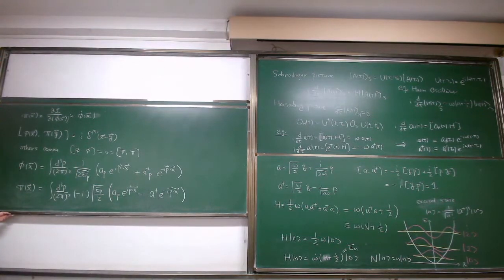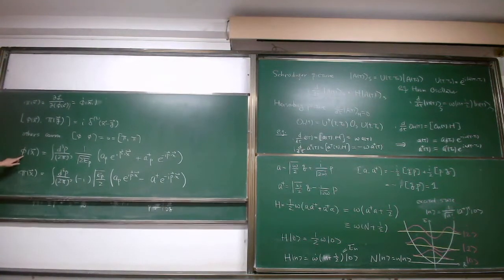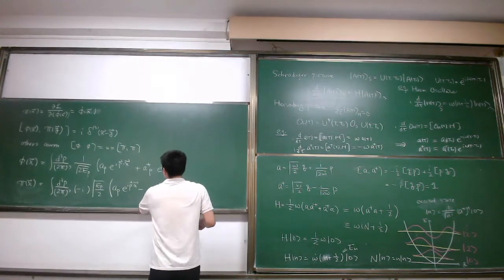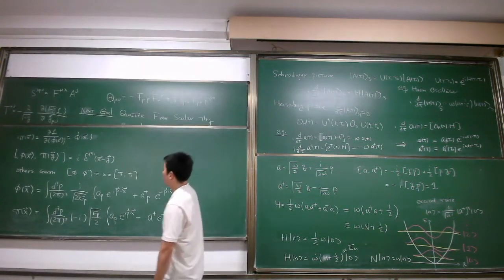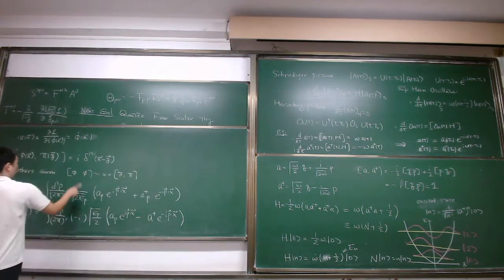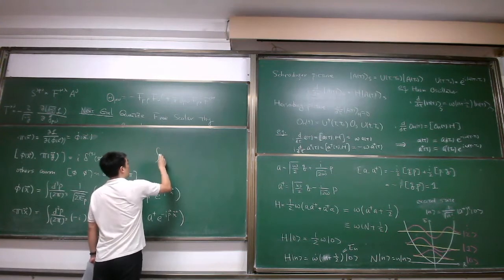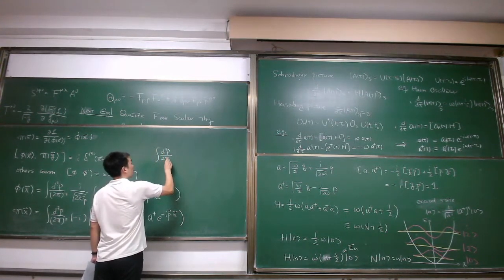So this is the Fourier transformation of phi and its time derivative. Later I will introduce the same thing. This part is the same as the cube; I will explain later why this should be the case.